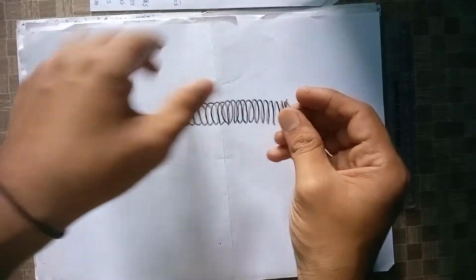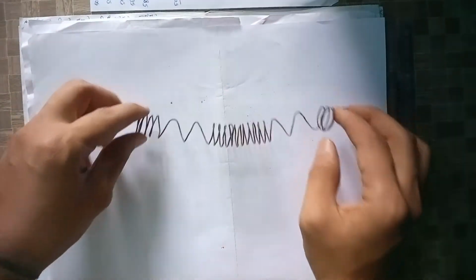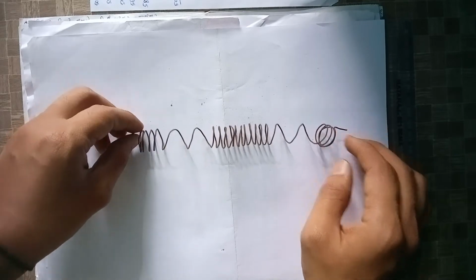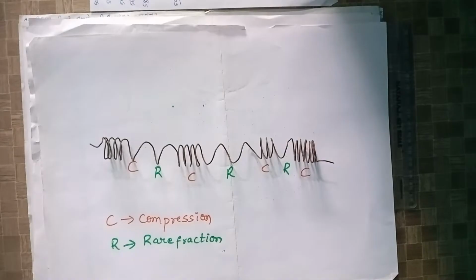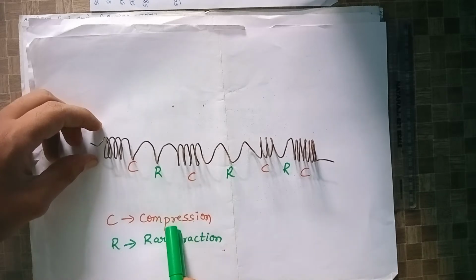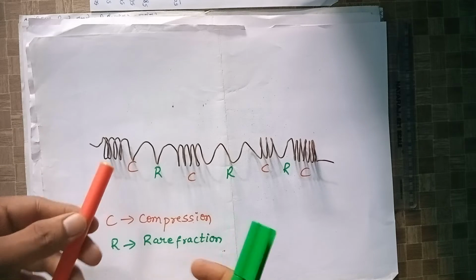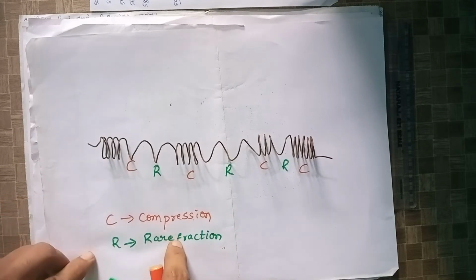Now observe the number of compressions and rarefactions produced. Observe here, this is a compression and this is a rarefaction.